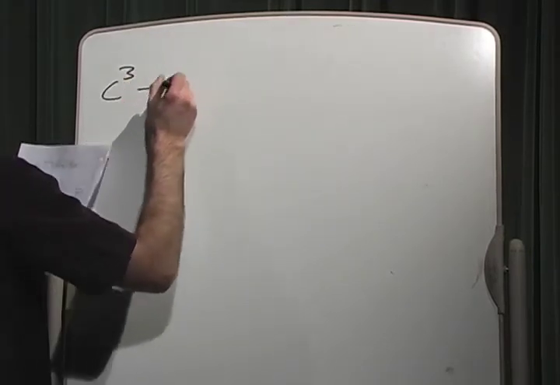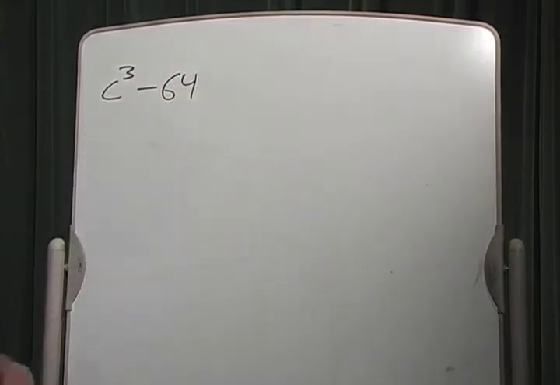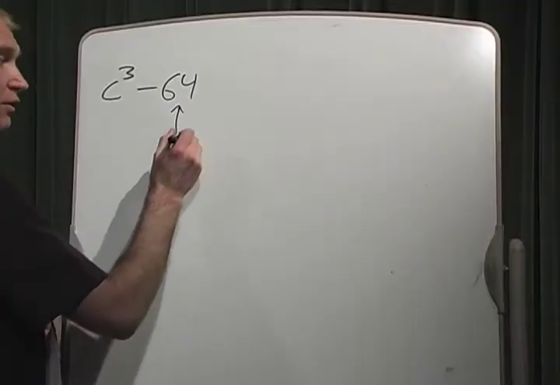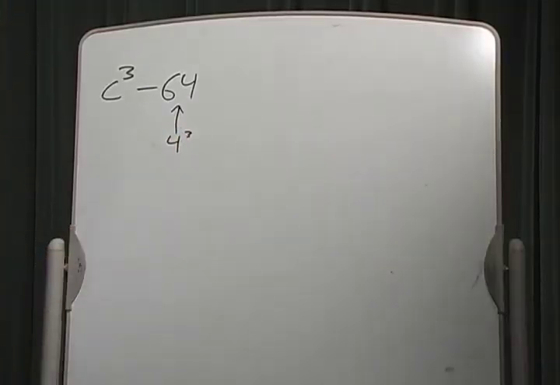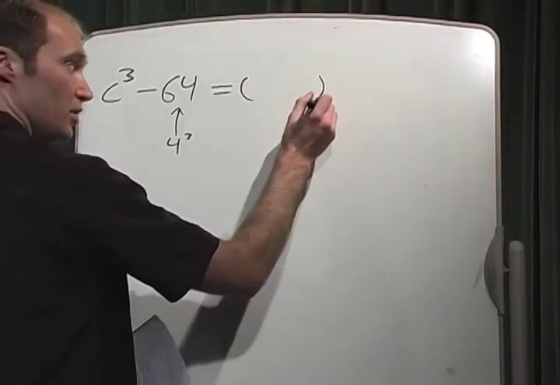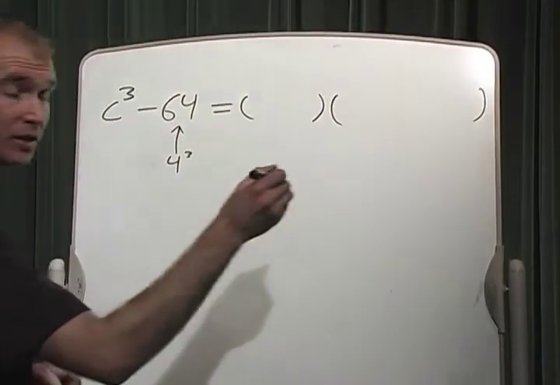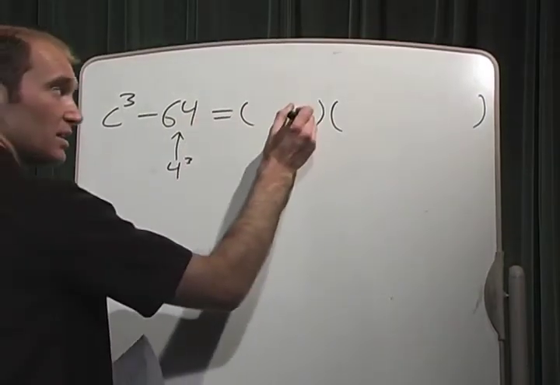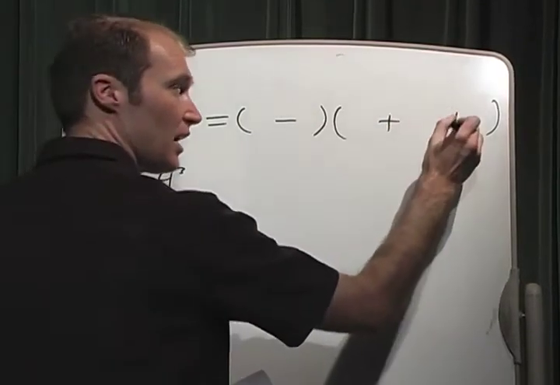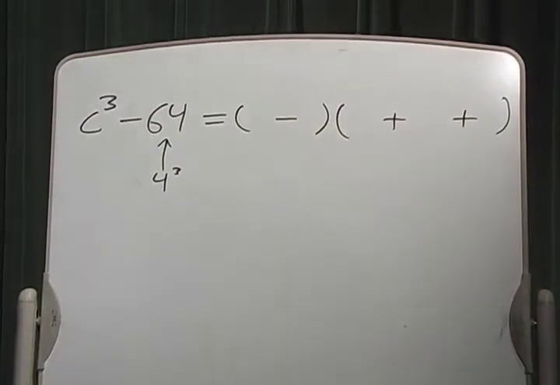Let's suppose that I had c cubed minus 64. Well, I recognize that 64 is just 4 cubed. Now, I also know that this is going to break down into a binomial times a trinomial. And I know that the signs are going to be the same here, these two are opposite, and this is always positive.